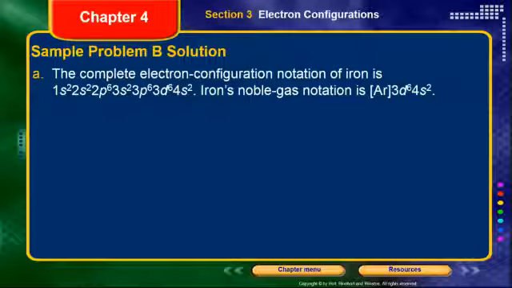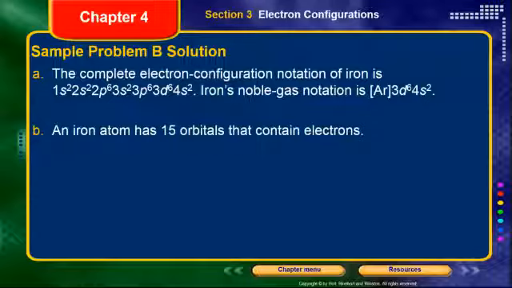The complete electron configuration notation of iron is 1s2, 2s2, 2p6, 3s2, 3p6, 3d6, and then 4s2. A lot easier to write it in noble gas notation, which is argon, 3d6, 4s2. Iron has 15 orbitals that contain electrons.